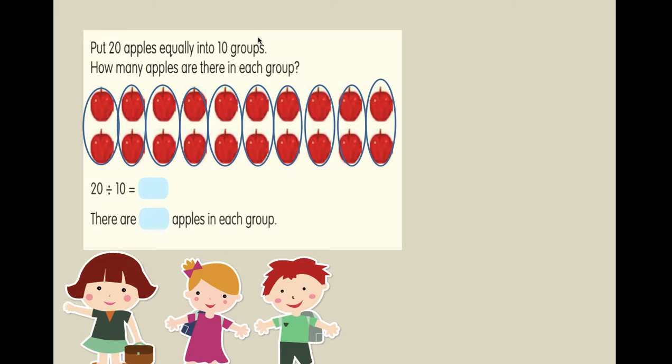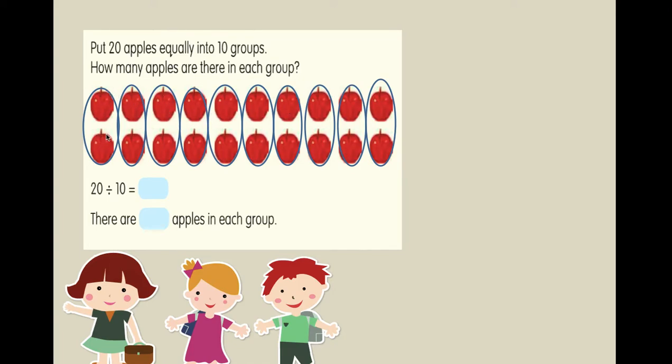So we divided these 20 apples into 10 groups, because how many groups did they want? 10. So 10 groups.